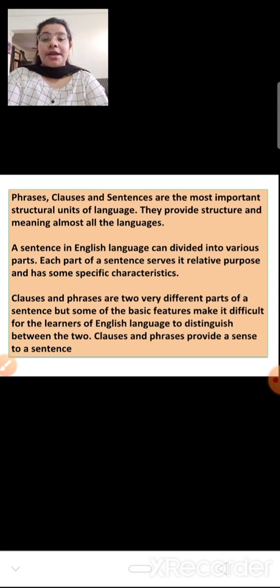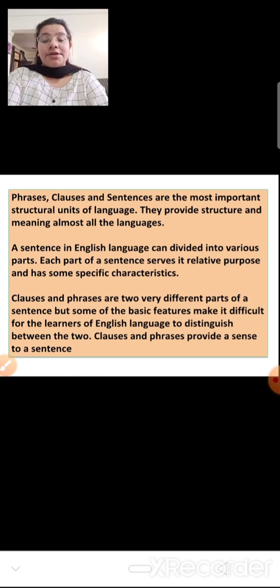Though their names might be different, their work is the same, that they provide structure to all languages. Without them, we cannot build a language. Not only the structure, they also provide meaning to the language.